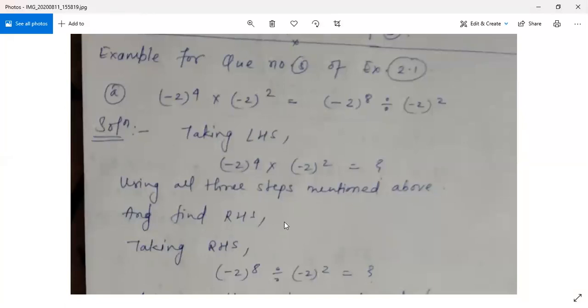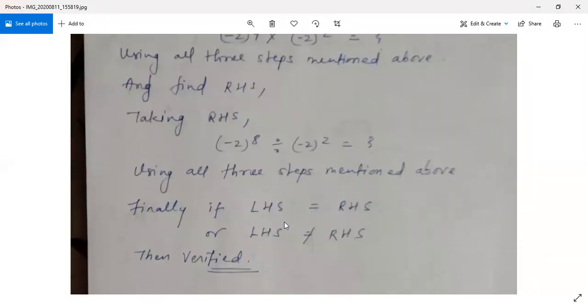And again, after finding the value of the left hand side part, you have to find the right hand side part also. When you get both of the values using all three steps which I have told you above, you will find that the left hand side will either be equal to the right hand side or not equal to it. These two conditions you have.